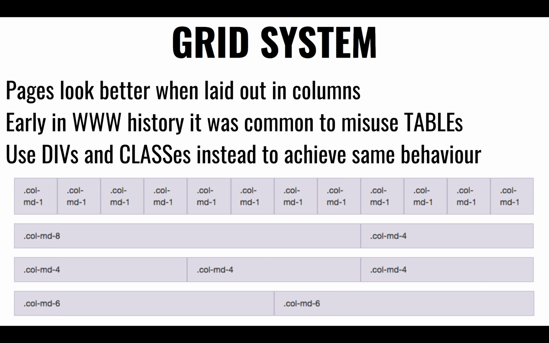So in this example, on the large screens, this would be split into 12 equal columns, 1, 2, 3, 4, 5, 6, 7, 8, up to 12. On the large screens, these would all be styled with column medium 1.